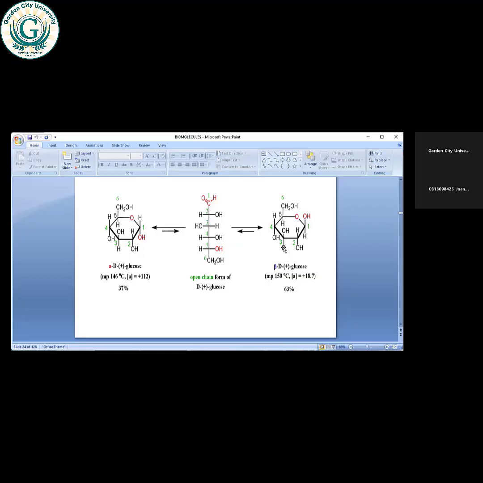Yes, sir. And this reaction is called mutarotation. It's a very spontaneous process. In other words, if I prepare glucose tonic in the alpha form and leave it standing for a while, within a short while it can reconvert to the beta form.